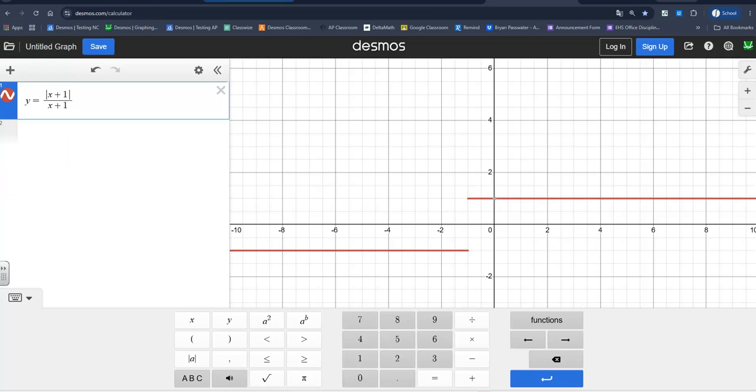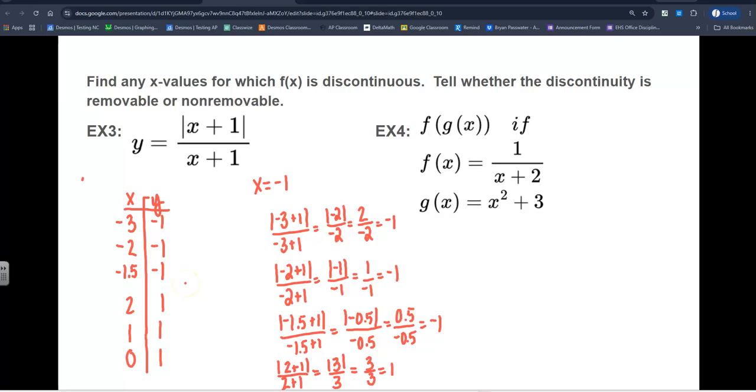So this x equals -1, we wrote right here as our answer. That is going to be a jump, or we could call it non-removable. And that's our discontinuity.